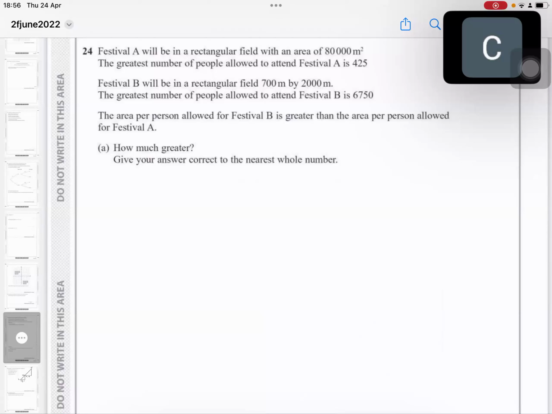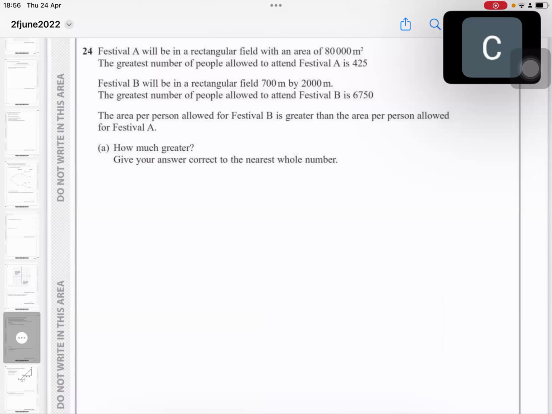Okay, this one is a word problem. It says Festival A will be in a rectangular field with an area of 80,000 square meters. The greatest number of people allowed to attend Festival A is 425. Festival B will be in a rectangular field 700 meters by 2,000 meters.